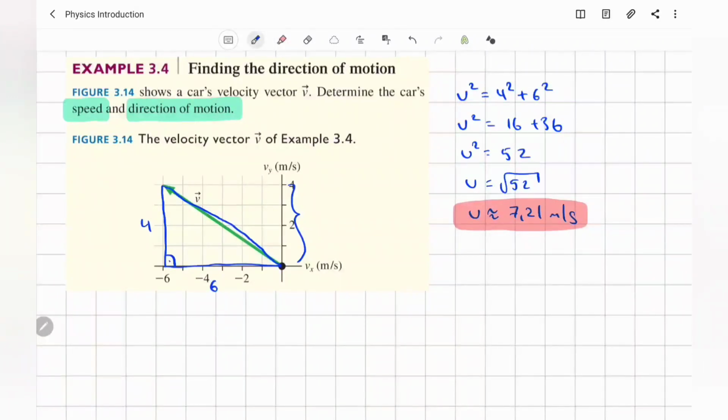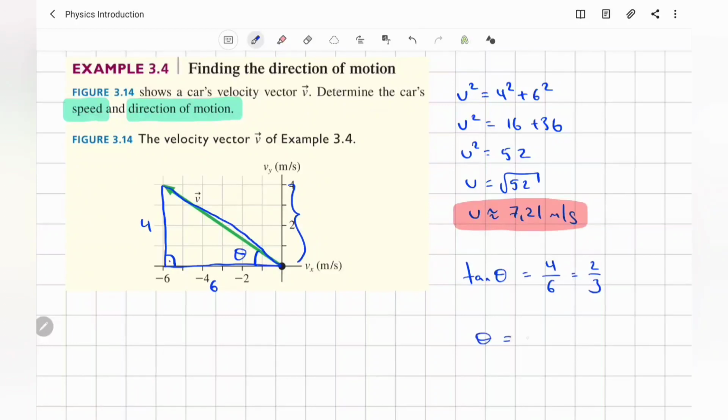What is the direction? I think it's enough to find this angle, and this angle will be the information about its direction. This is a simple right triangle, so we can use trigonometry. We know that tangent theta for this triangle equals the opposite side, which is 4, divided by the base, which is 6, and this equals 2/3.